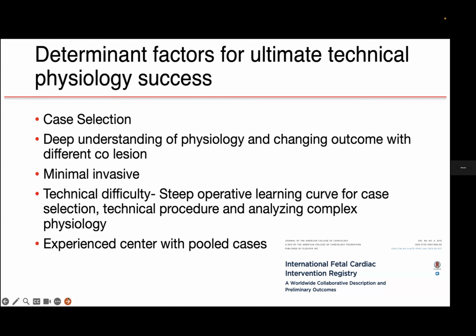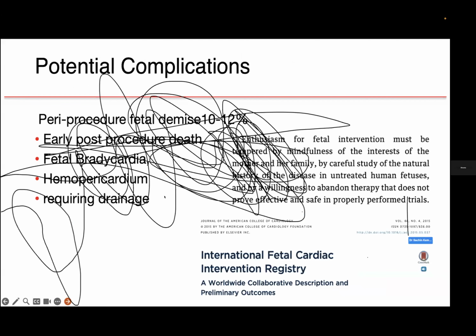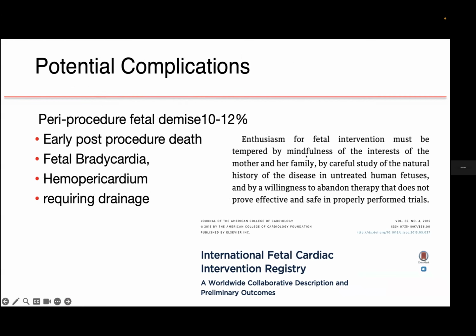So the experienced center, which has pooled cases and best selected cases, may have a really good outcome. The potential complications can be perioperative fetal demise, which can be up to 10%, early procedural death, which is 10 to 15%, fetal bradycardia, and hemopericardium, which might require drainage.